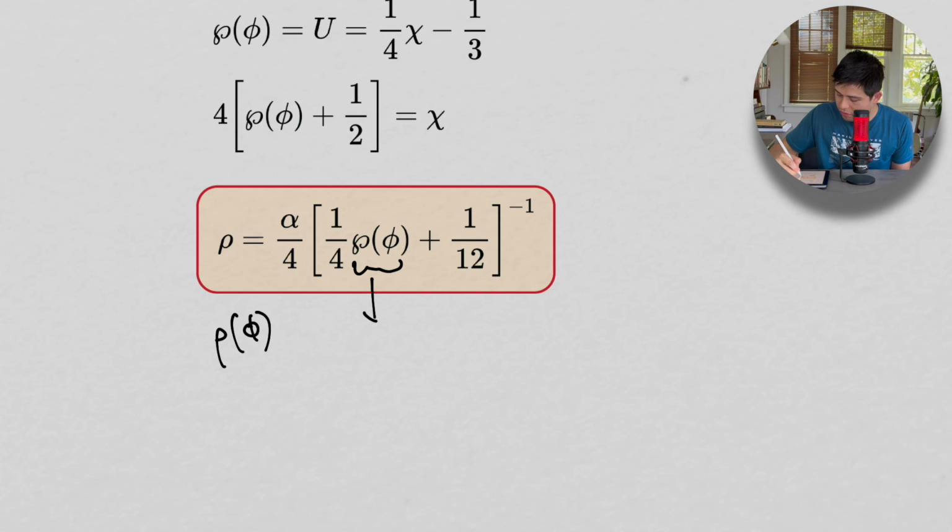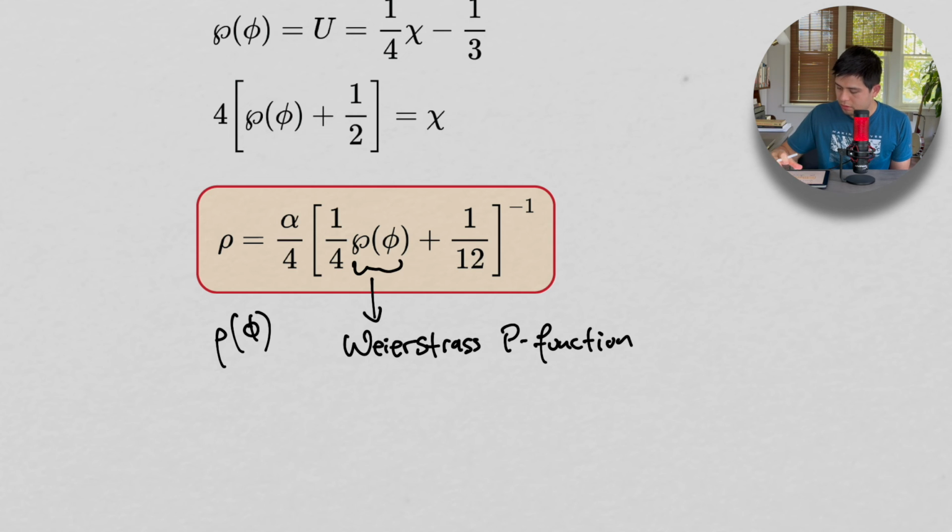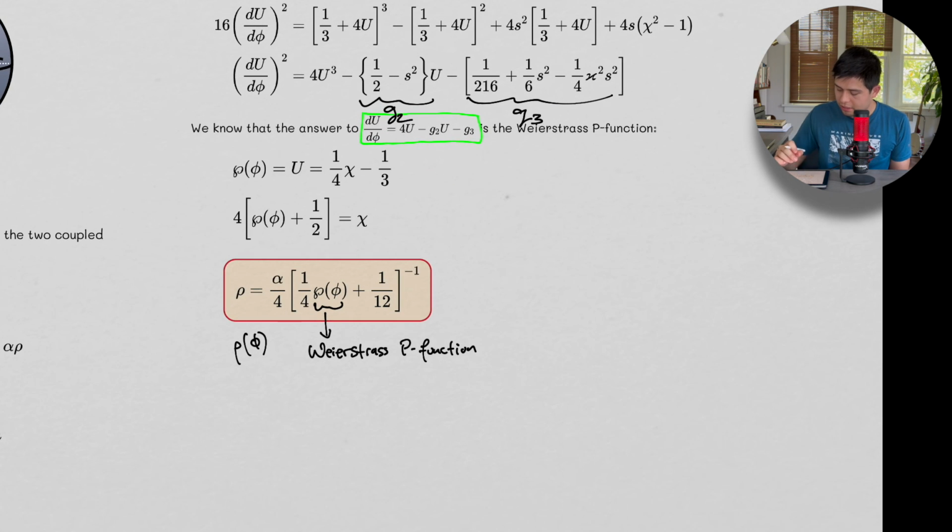It's the Weierstrass, I don't know how to spell this guy, W-E-I-E-R-S-T-R-A-S-S P function. And this is not the geodesic, right? This is a solution to the geodesic equation for the Schwarzschild.